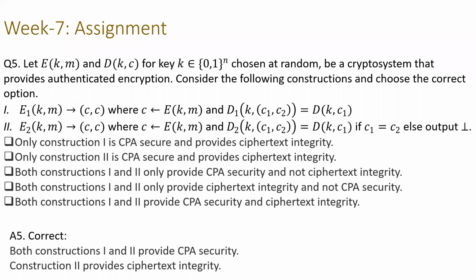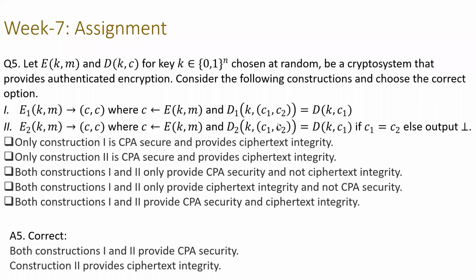You were talking about construction 1, right? My claim is that both provide ciphertext integrity. You told that the second option has ciphertext integrity, but the first option does not. Okay, I got your point.